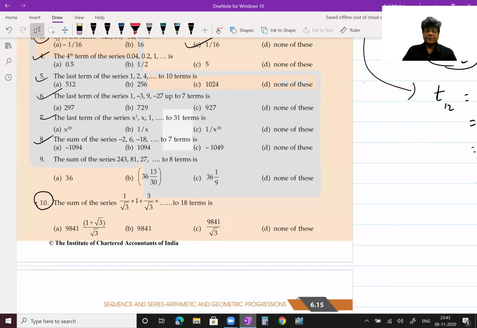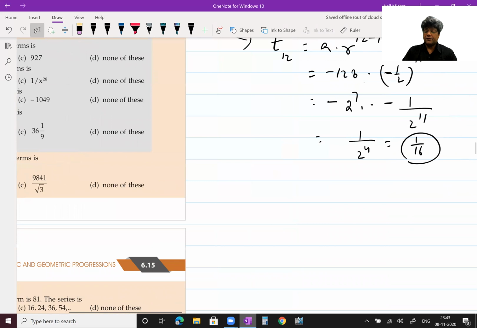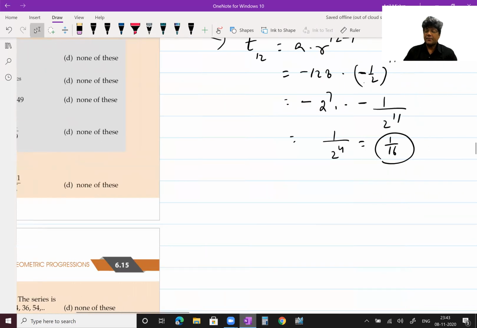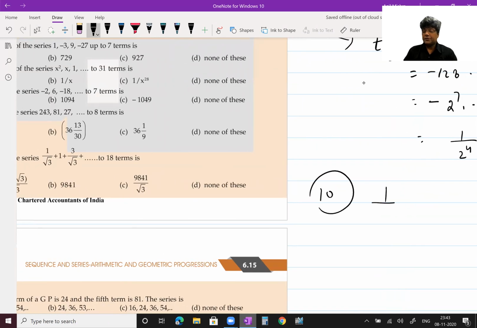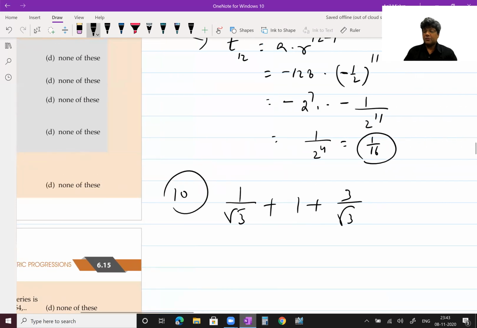Sum of the series. This time 1 by root 3 plus 1 plus 3 by root 3 plus dot dot dot to 18 terms.